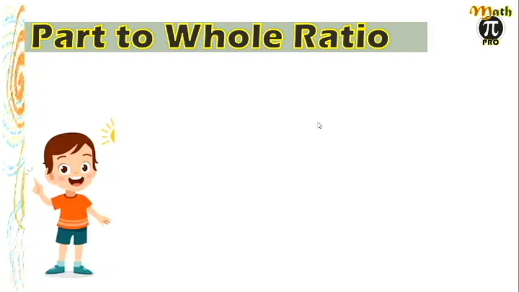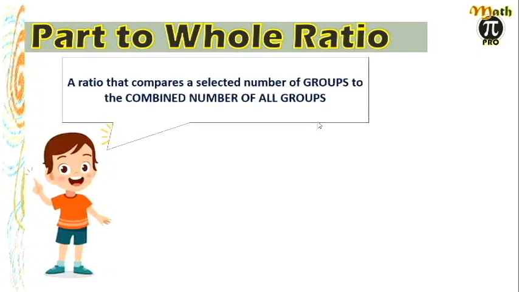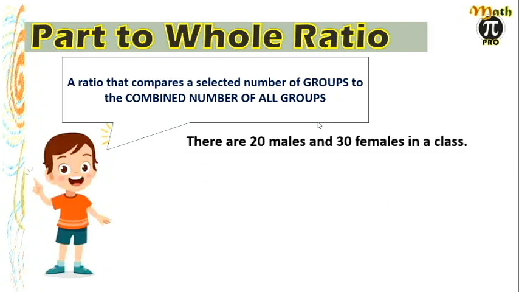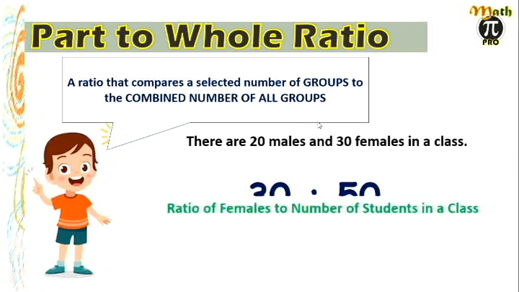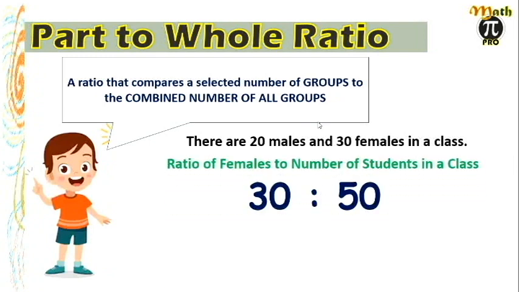A ratio could be a part-to-whole ratio. It is a ratio that compares a selected number of groups to the combined number of all groups. Let us use the same example. There are 20 males and 30 females in a class. The ratio of females to the number of students in a class is 30:50, or in simplest form, 3:5.